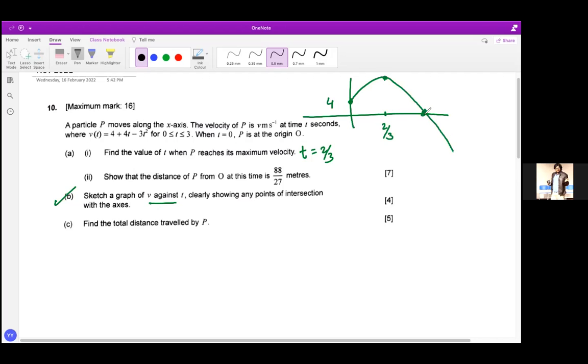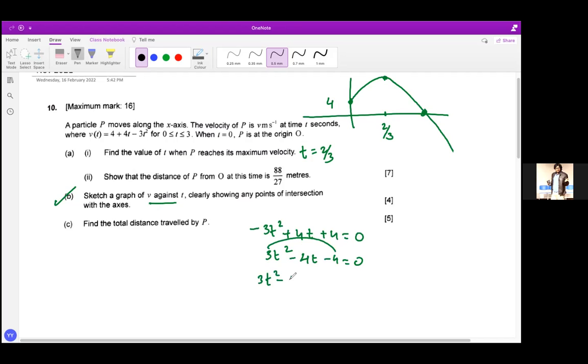So to find this root, you equate minus 3t squared plus 4t plus 4 equals 0. If I factorize it, 3t squared minus 4t minus 4 is 0. Split the middle term. The product of the numbers is -12 and the sum is -4.